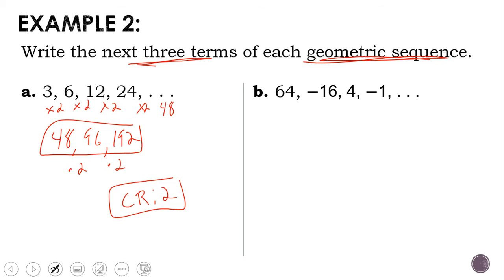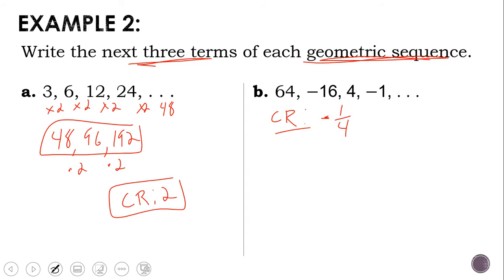If we look at the next example, we are going 64, negative 16, 4, negative 1. Notice that our sign is changing each time. So you might be saying I'm dividing by a negative. In terms of multiplication, you're multiplying by negative 1/4. So your common ratio is negative 1/4. Again, we're going to multiply each of our values by that.